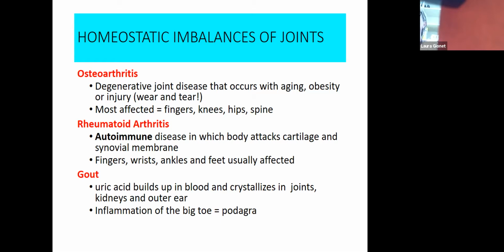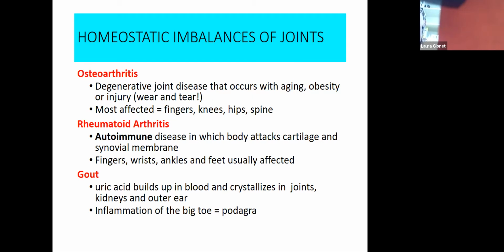And in osteoarthritis, the joint surfaces become roughened. A lot of times the hyaline cartilage starts to break down. You start to have what's called osteophytes, little bone spurs growing from one bone to another, generally where the ligaments are attaching. They most affect fingers, knees, hips, and spine, but it's not limited.